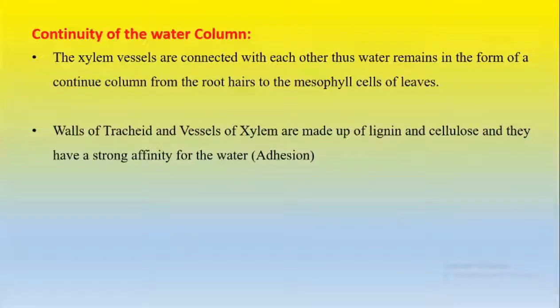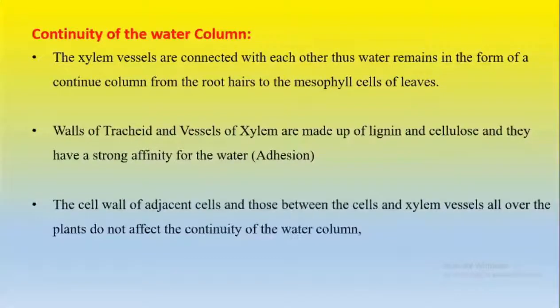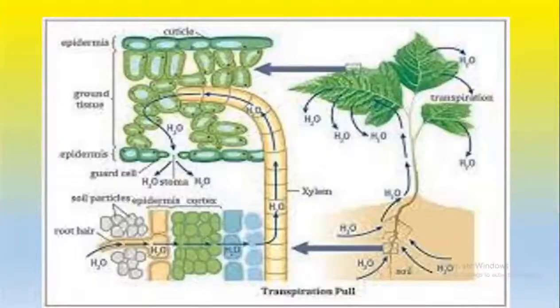Walls of tracheids and vessels of xylem are made up of lignin and cellulose, and they have a strong affinity for water adhesion. The cell walls of adjacent cells and those between the cells and xylem vessels or over the plant do not affect the continuity of the water column.